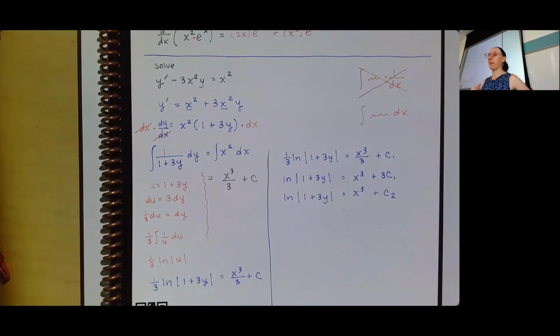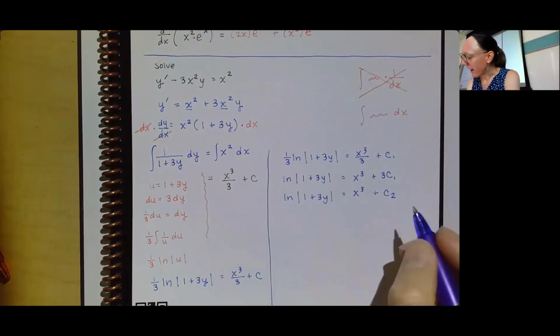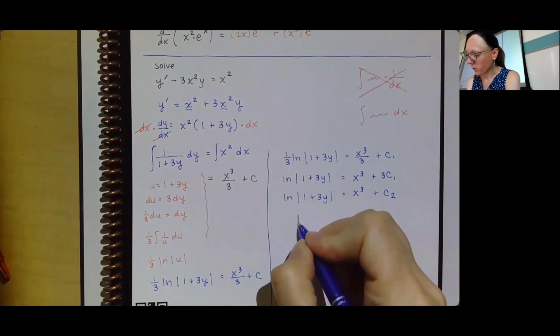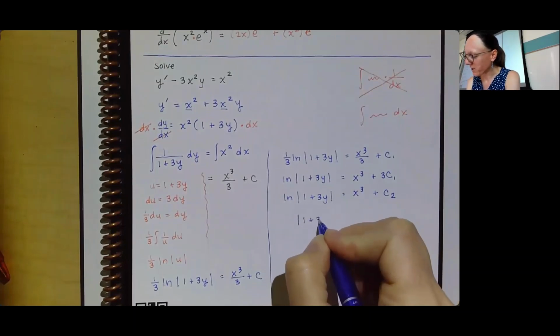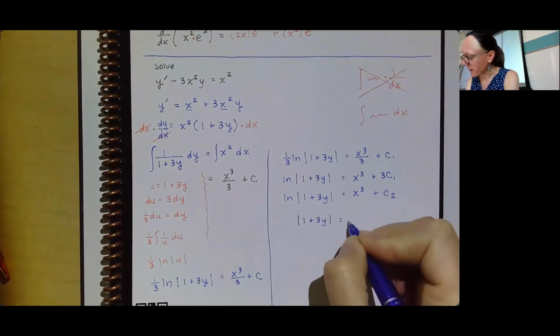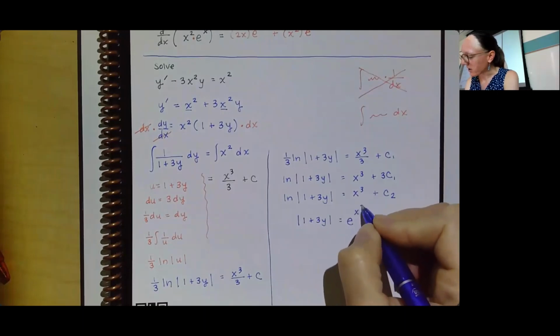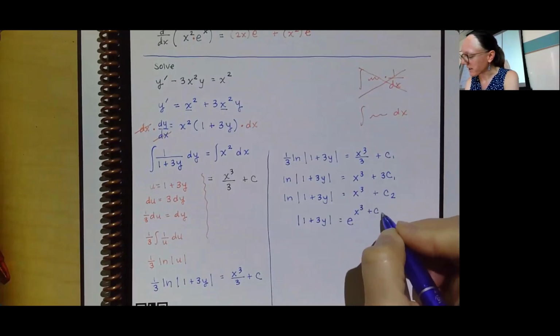How do I get rid of a natural log? Oh, that was a really bad way to say that. How could I rewrite this without a natural log? Yeah, so if I do that, I'm going to have absolute value of 1 plus 3y equals e to the x cubed plus c2.